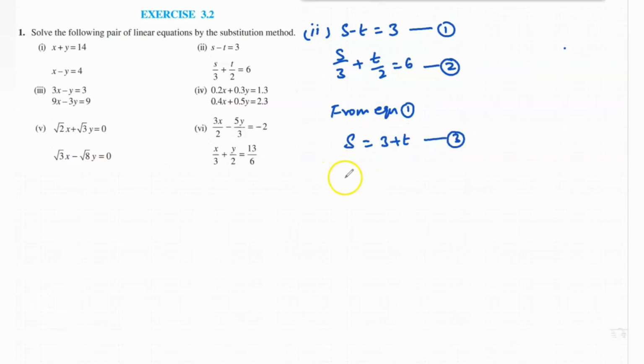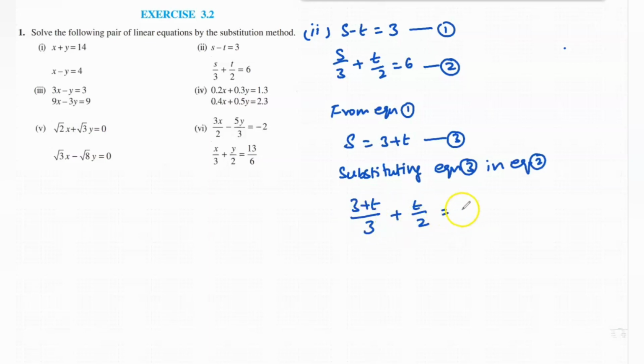Substituting equation 3 in equation 2, we get s means 3 plus t, right? (3 plus t) by 3 plus t by 2 is equal to 6.